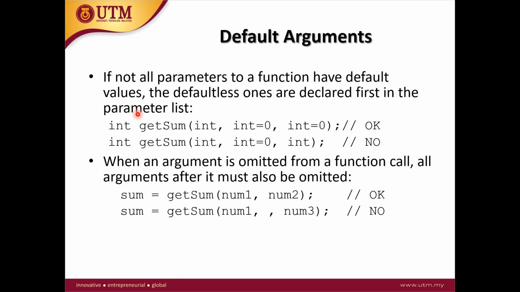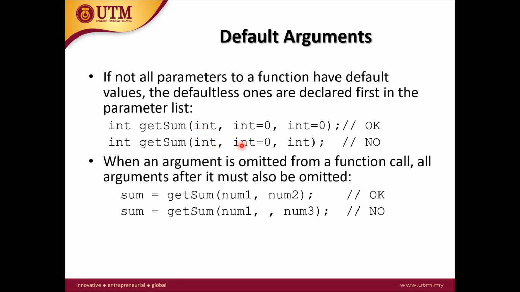So we may get to some point that a function prototype or function header may have some parameters. Some of them have default values and some of them don't have any default value. For example, this one doesn't have, but those are having default values which are 0. But in this case we need to use the defaultless parameters first in the declaration of the parameters. So this one is going to be placed first.